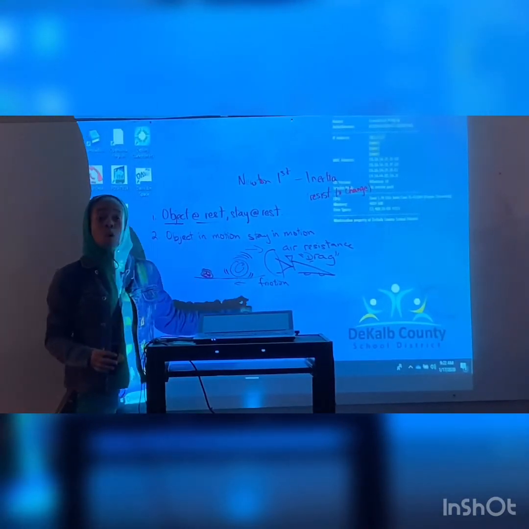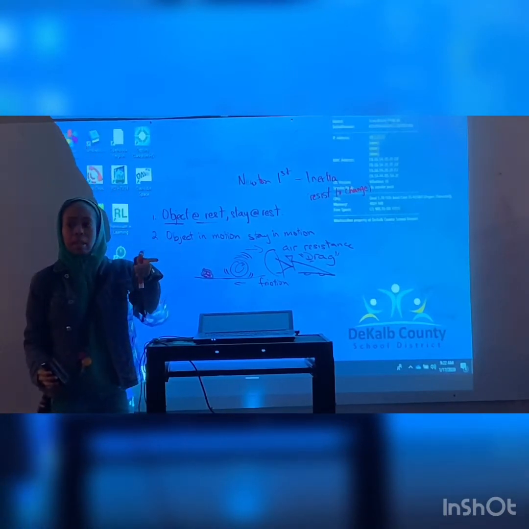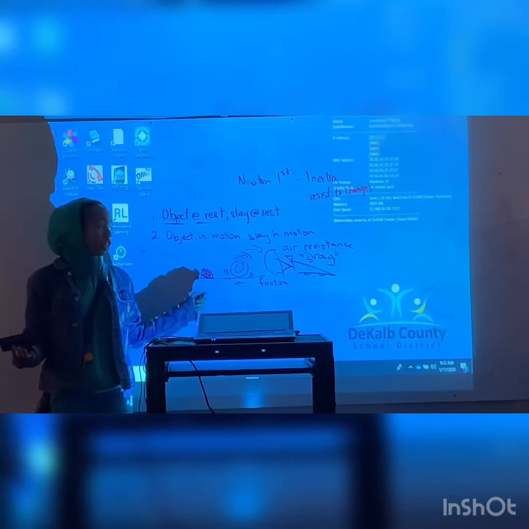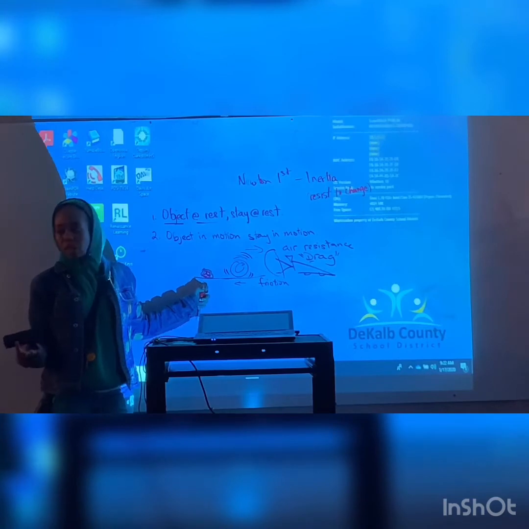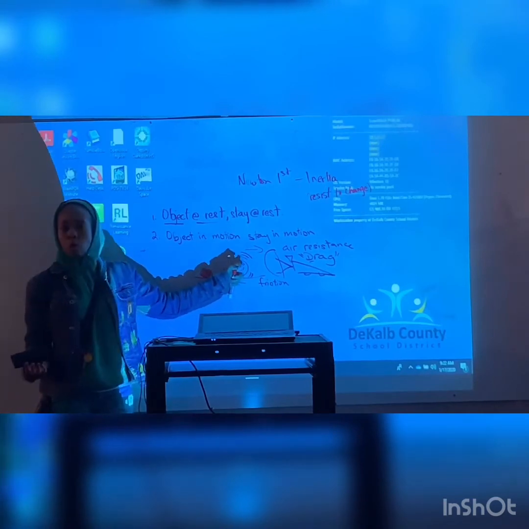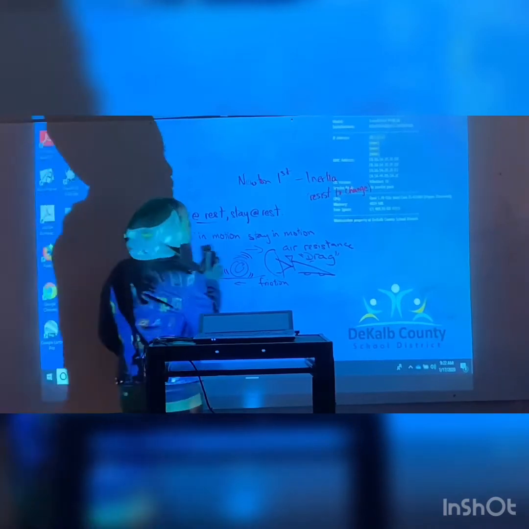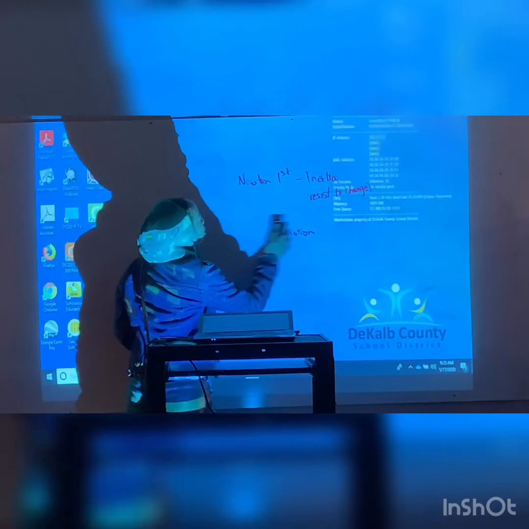An object in motion stays in motion unless it's acted upon by an unbalanced force. Everybody gets that? So this will stay exactly where it is until something acts on it. This will keep on rolling until something acts on it. All right. So everybody understands the first law? Yes. All right. Newton's second law.